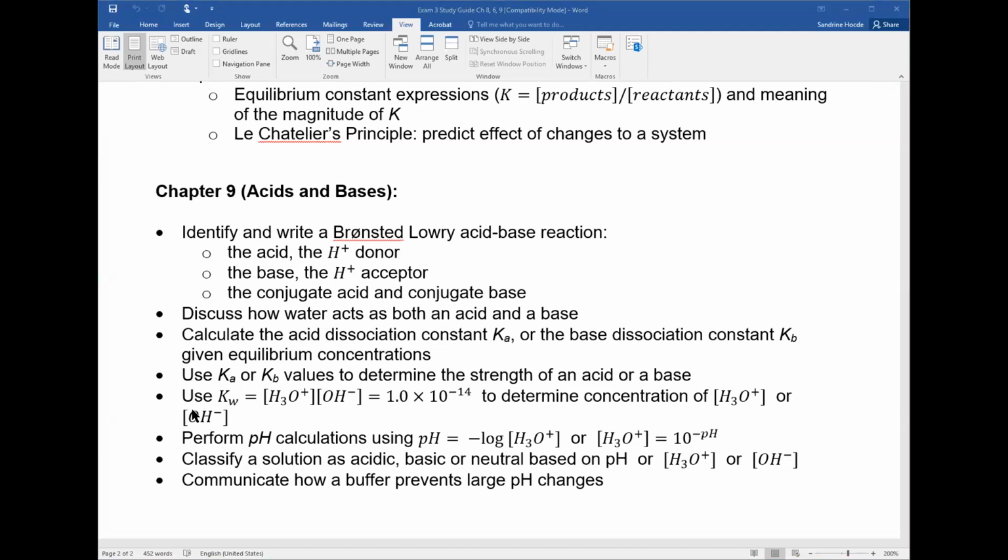So you can see that there is a point here that says use Kw, which is the concentration of H3O plus times OH minus, equals 1 × 10 to the negative 14, to determine the concentration of H3O plus or OH minus. So that's what I was just explaining. And so in your reference packet, you can retrieve these.